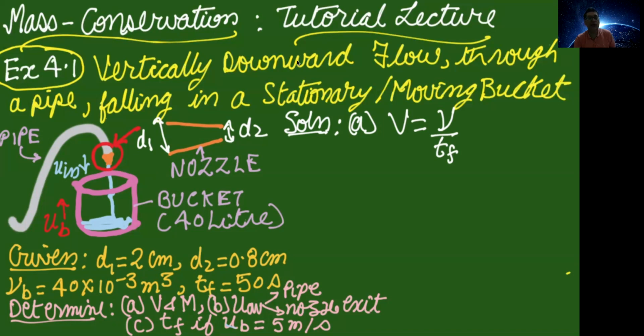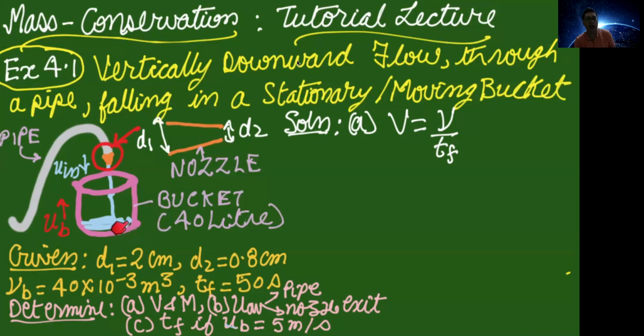One of the very common techniques used to calculate the volumetric flow rate is to catch the water coming out of the pipe, such as in a bucket here, and take a stopwatch and measure the time required to fill this container up to a certain height. In this case, let us suppose we know the capacity of the bucket, which is 40 liter.